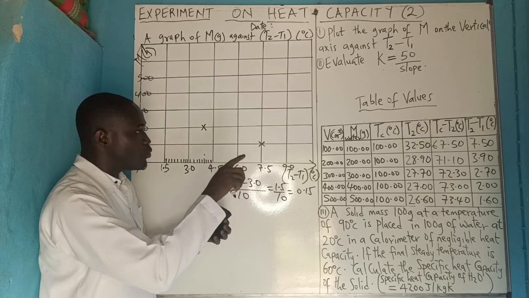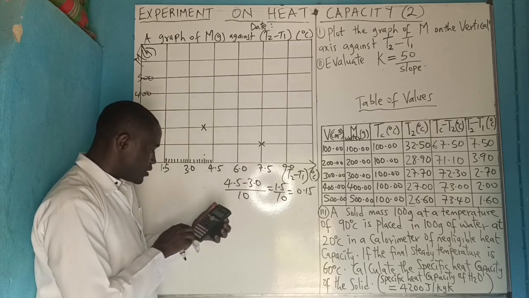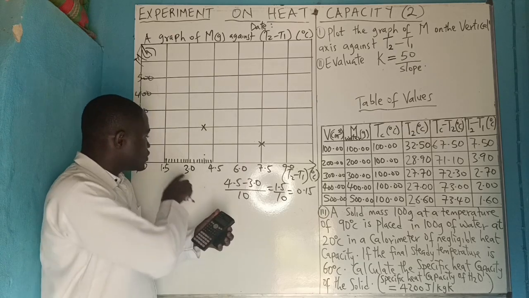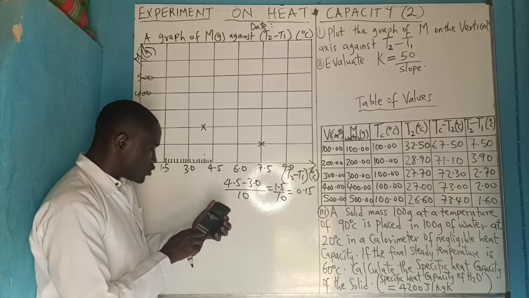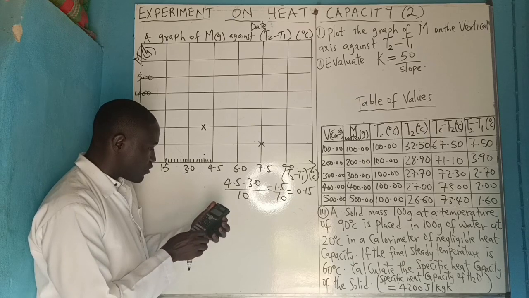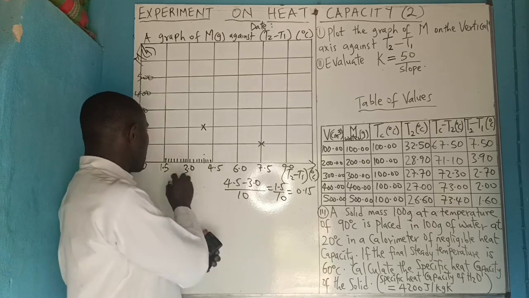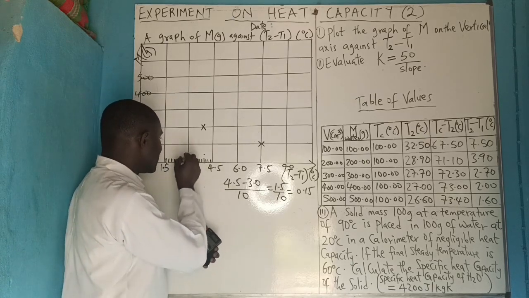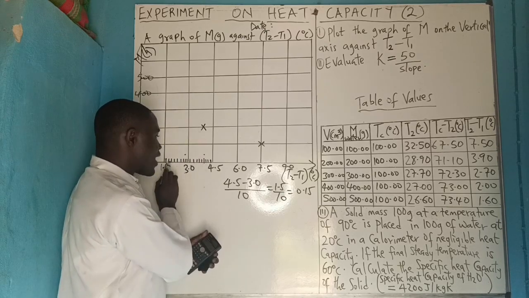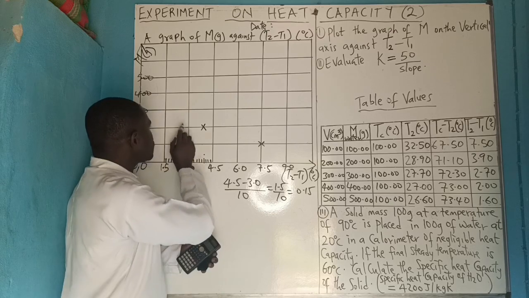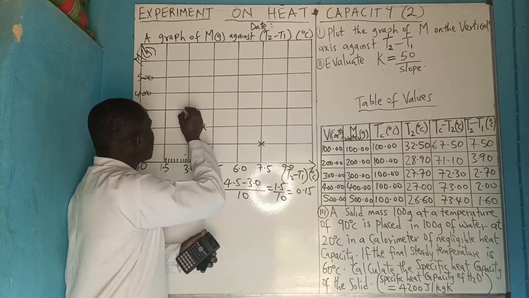I'm looking for 2.7. Well, I will change from 5 to about 8. 1.2 plus 1.5, that will be 2.7. So I'll count till 8 and take it up to here and put it.